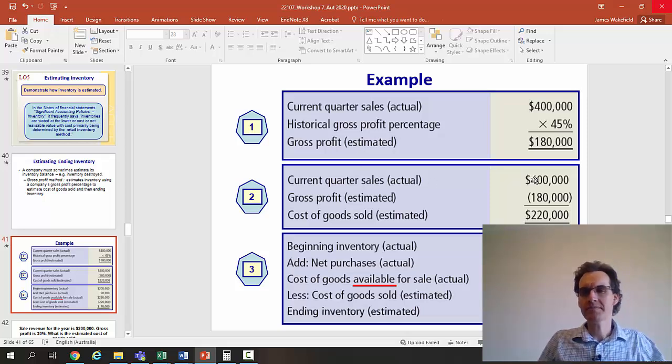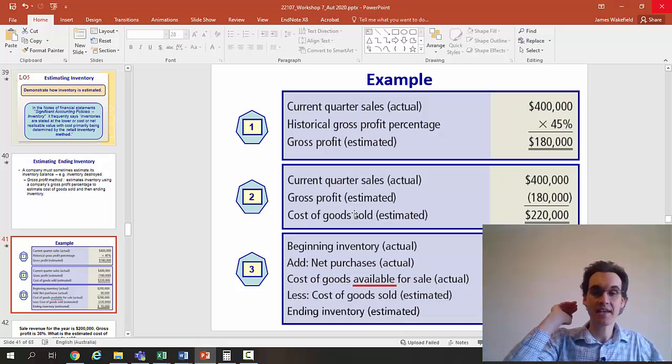So if we subtract the gross profit from our sales, the difference between the two, as we know when referring to the income statement, is the cost of goods sold, because we take our sales revenue, we minus our cost of goods sold, and that gives us our gross profit. So our cost of goods sold here is $220,000.